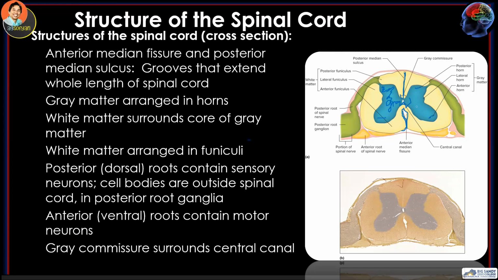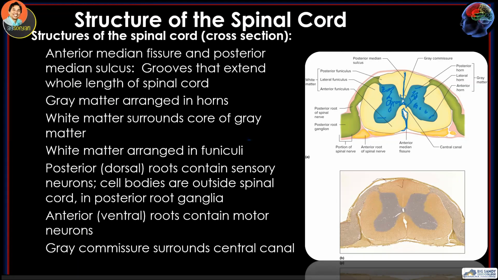It is darker because in this part of the spinal cord, the cell bodies of neurons are located, especially interneurons, because interneurons are the neurons located in the CNS, the brain and the spinal cord.